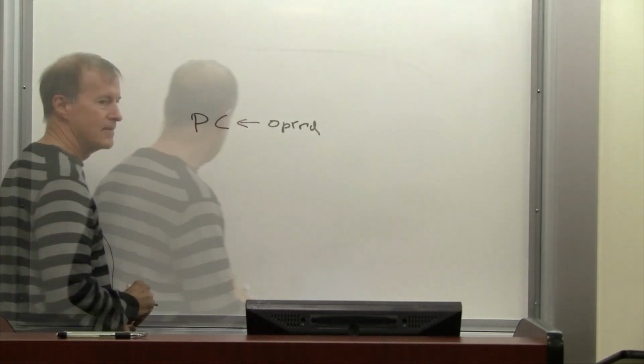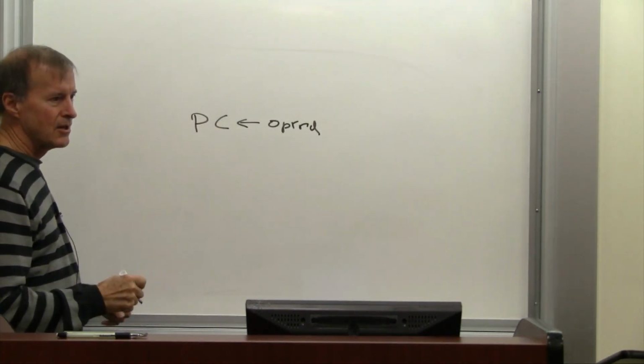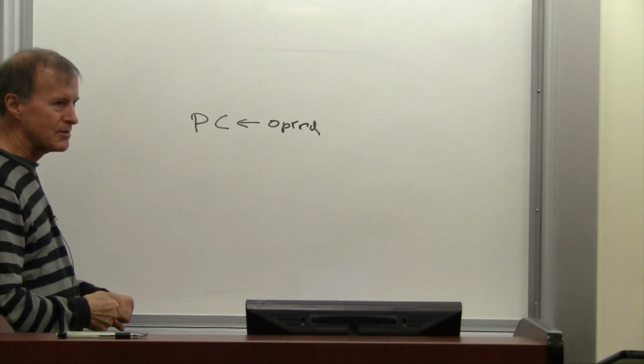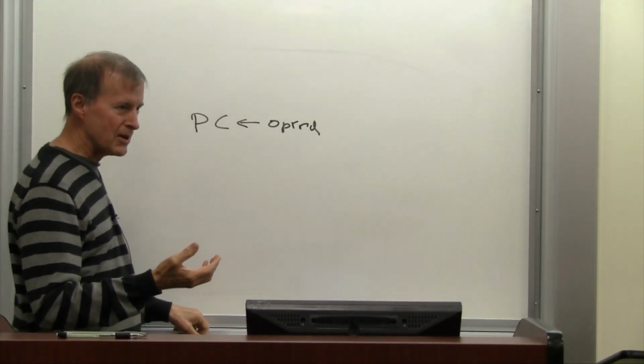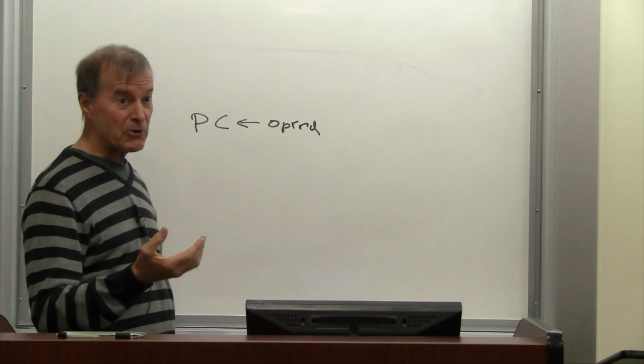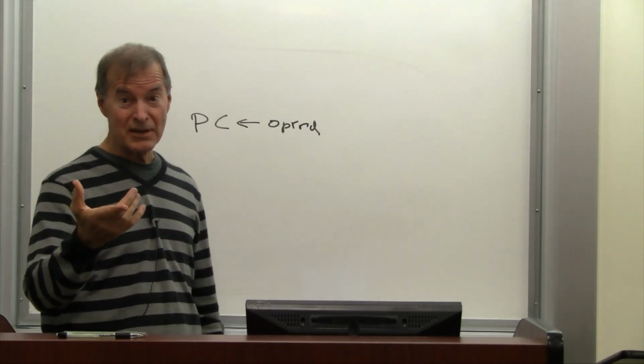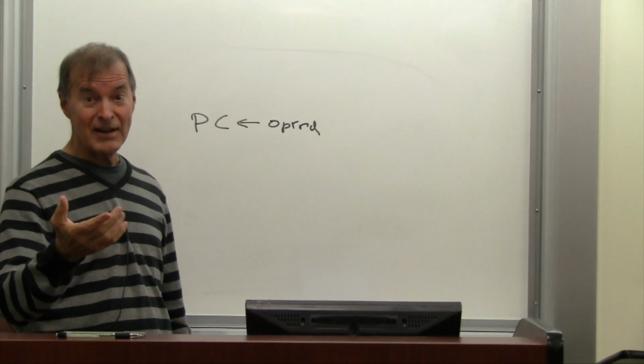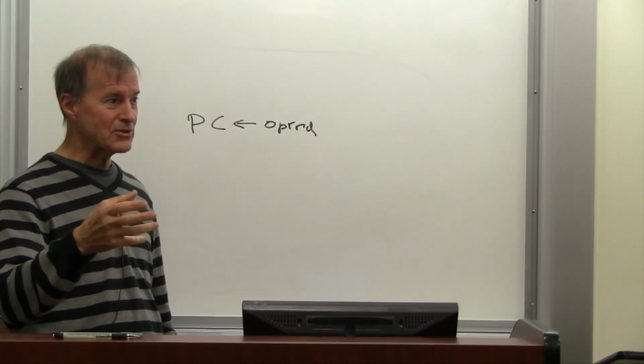What is the RTL for the unconditional branch? It's just the program counter gets the operand. And why does that do the branch? Because the program counter always has in it the address of the next instruction to be executed.